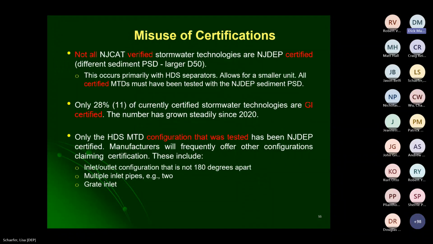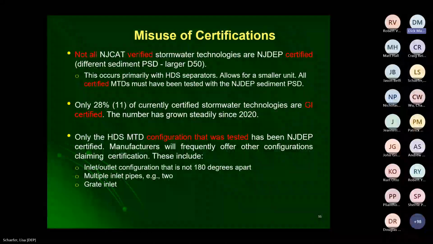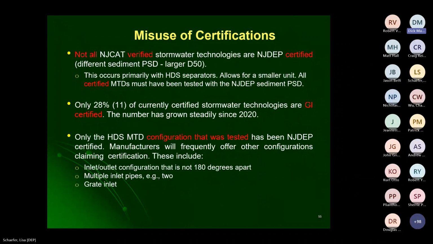Okay, now we're getting to the point that's important. How are these certifications misused? I'm not sure the manufacturers are doing it, but certainly the sales representatives or the manufacturer's reps want to. First of all, I want you to realize that not all NJCAT verified MTDs are DEP certified. And why is that so?